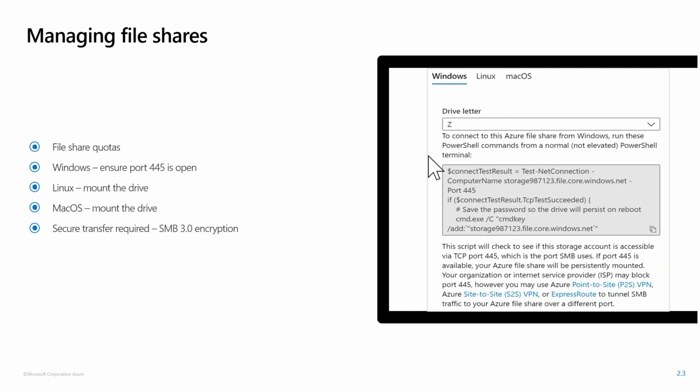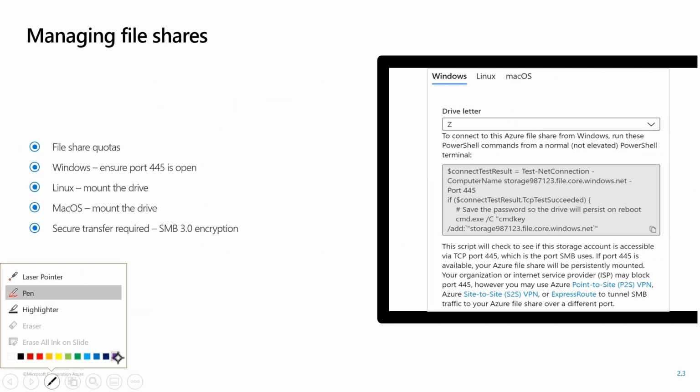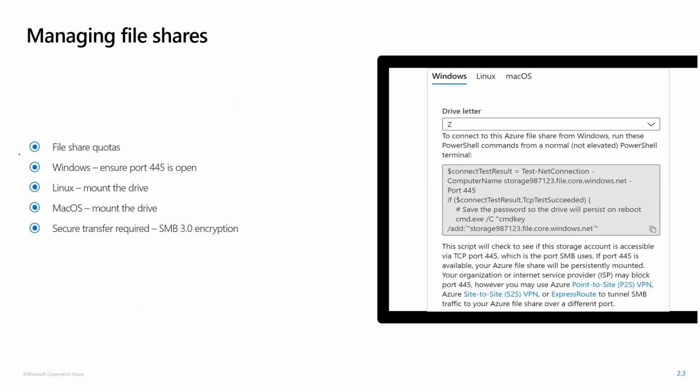We know that Azure allows us to choose a drive letter to map our Azure file for Windows and gives us a bit of default PowerShell that allows us to check for a specific port. So it may be a great idea to understand what this process is like and what happens, say, if this port were closed. What could potentially prevent an Azure file share from connecting over port 445? And how would you troubleshoot that?